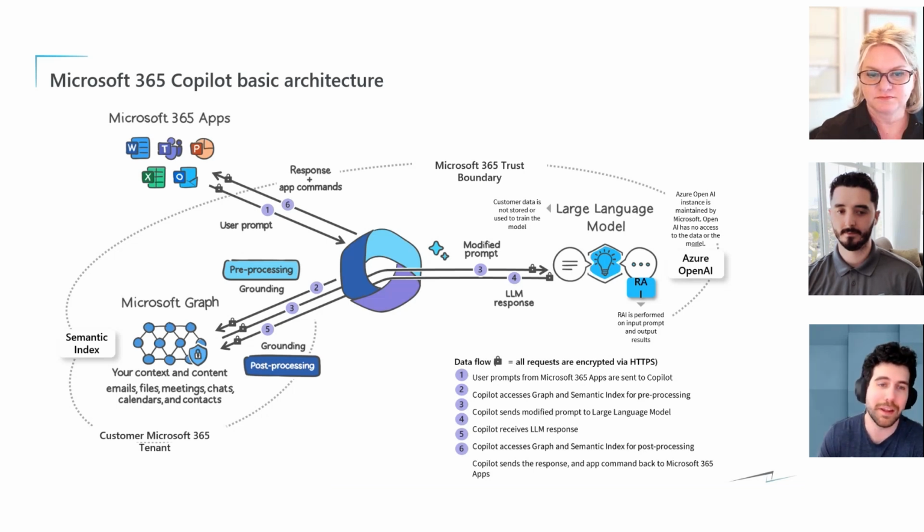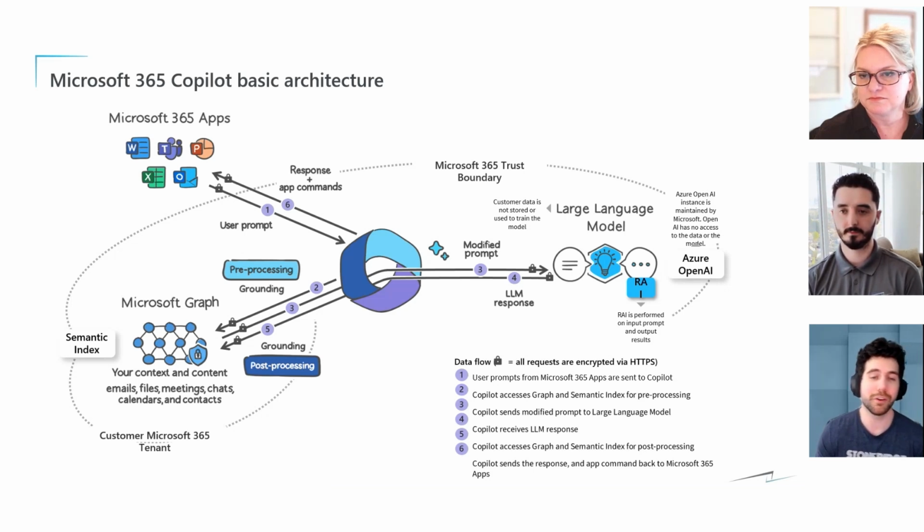As you can see here at the beginning, it's working with the M365 apps, and your prompts in any of those applications, like I said, it plays with all of them very well, go into the Copilot engine, and then it contextualizes that information and that prompt via the semantic index, which we'll talk more about later, through that Graph API. And that's how it's taking what your users are typing into the prompt and parsing it through all of the knowledge that it's built for itself with the data that you host in the M365 cloud.